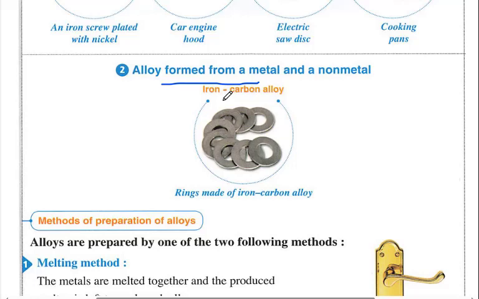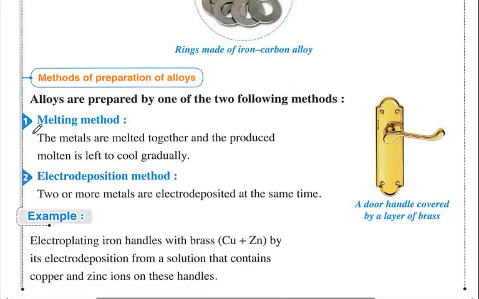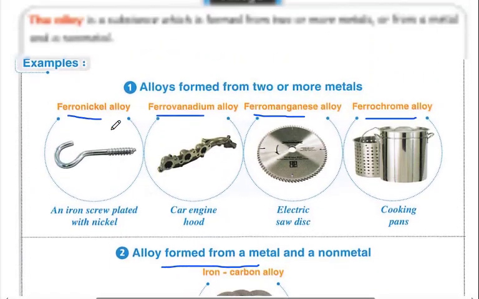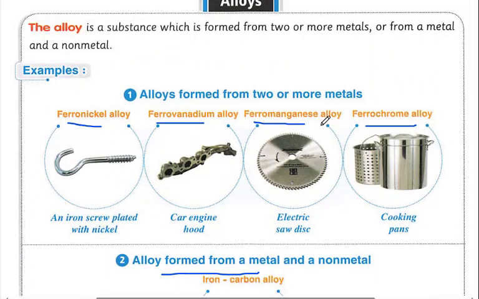Okay, how can we prepare alloys? There are two methods in preparing alloys. The melting method. Here we make ferromanganese. How do we make ferromanganese? Manganese and iron are melted together, and we leave this melt to cool gradually.